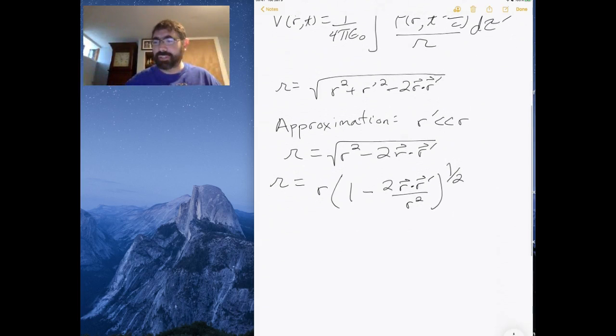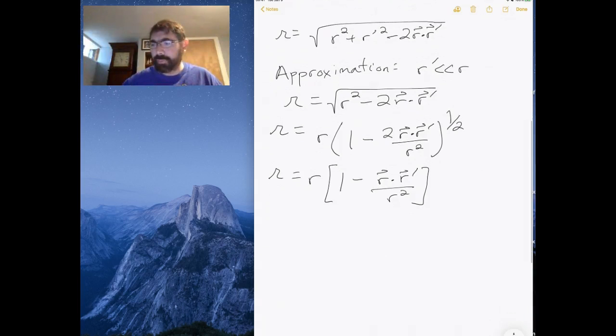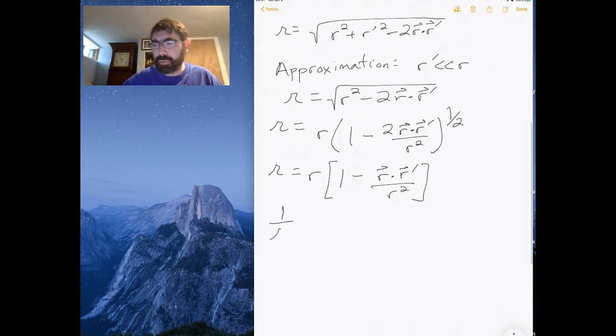Now I'll apply the binomial expansion and get r times 1 minus, so the 1/2 cancels with the 2, r dot r prime over r squared. And now I can do the same thing for 1 over r, and what you find is you get 1 over r times 1 plus r dot r prime over r squared.